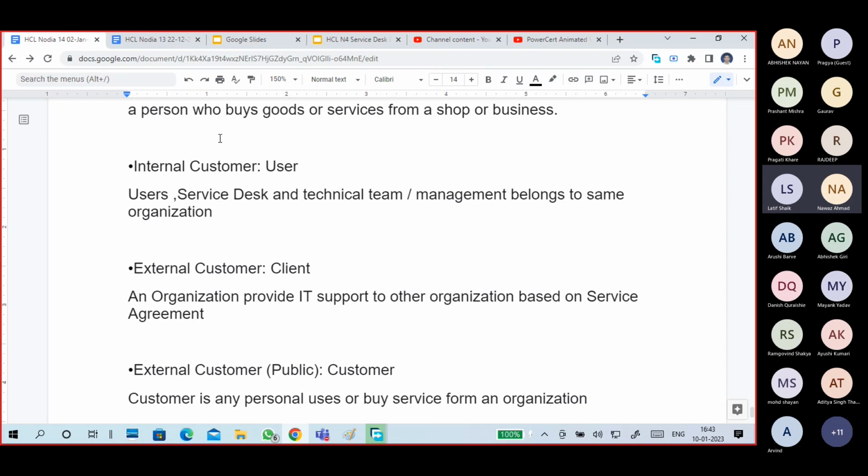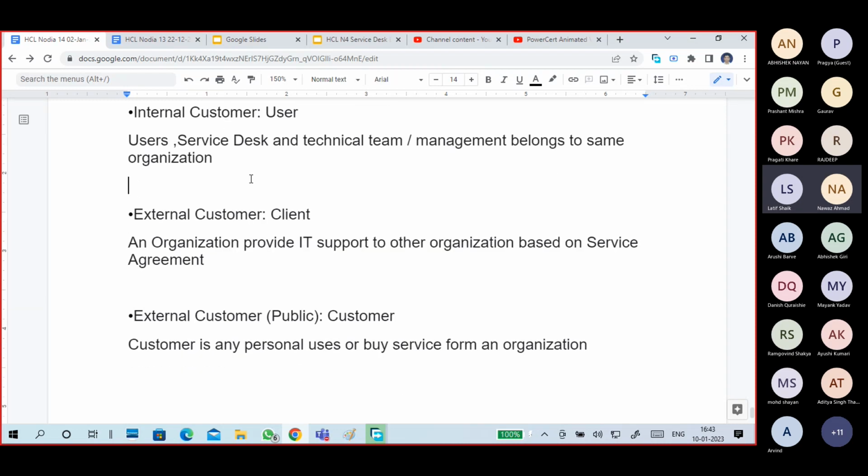I took that meaning sentence from Google. But my meaning, guys, is that a customer is not only an individual person; an organization can also be a customer, which we call a client. There are different types of customers: internal and external.